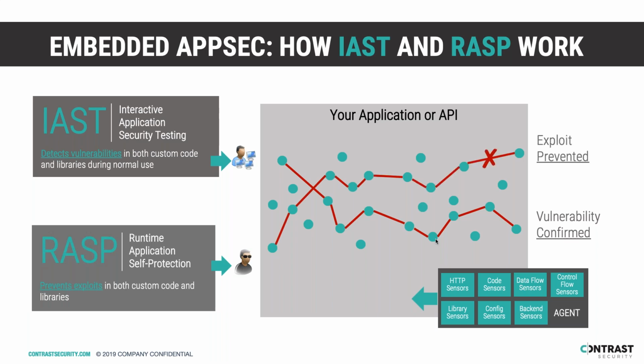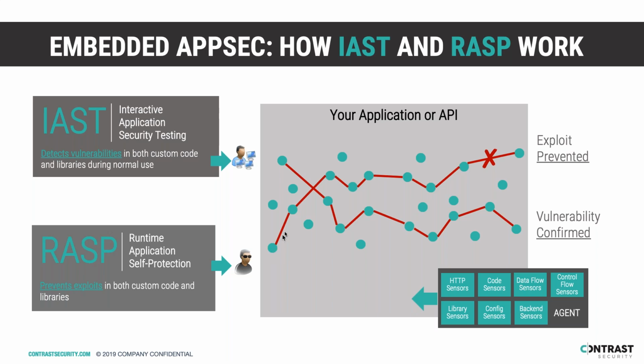In production, this same platform becomes a runtime application self-protection mechanism. In this mode, the agent starts to look for malicious input. It knows the difference between normal application usage and malicious attempts to exploit the application or change its intended functionality.